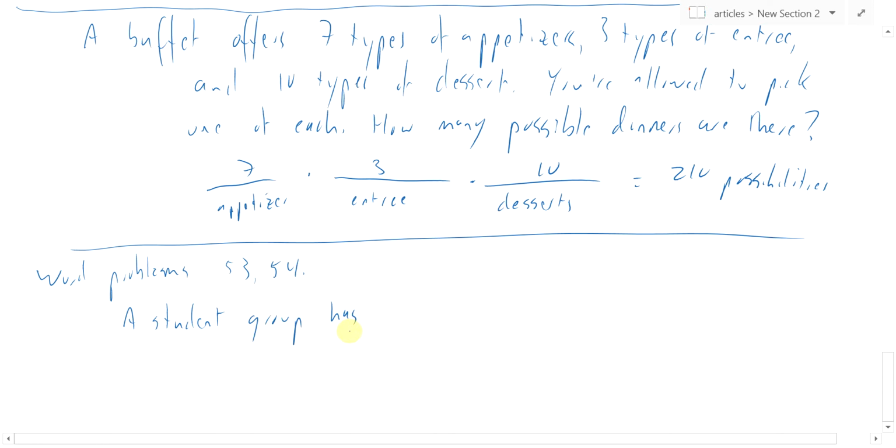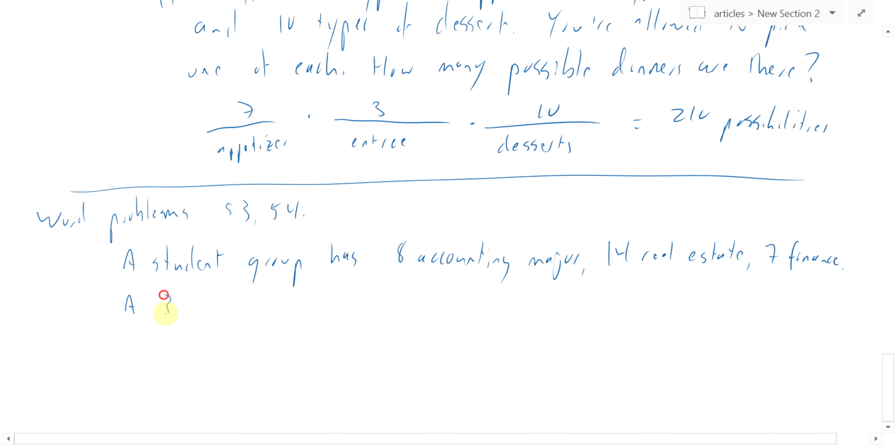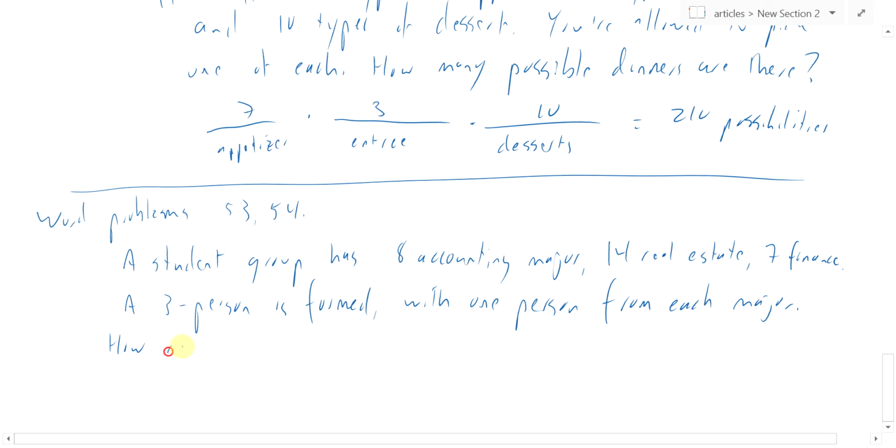And the student group has 8 accounting majors, 14 real estate majors, and 7 finance majors. A 3-person committee is being formed with 1 person from each major. How many possible such committees are there?